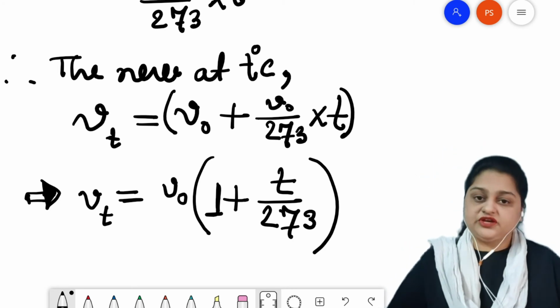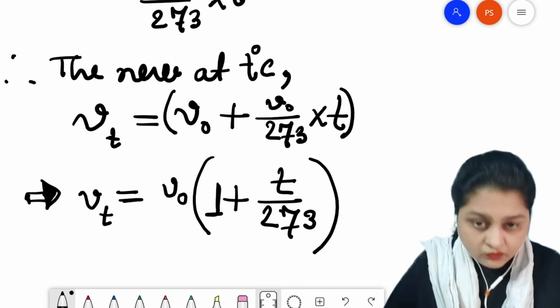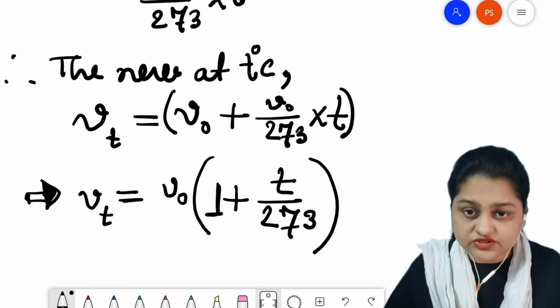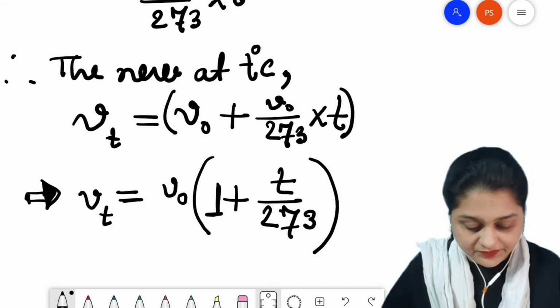This is the expression for the new volume that we can get on the basis of Charles' observation, on the basis of Charles' law.